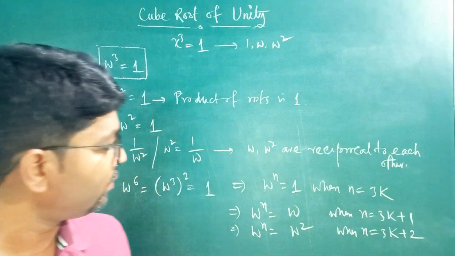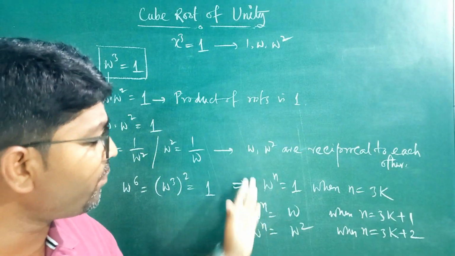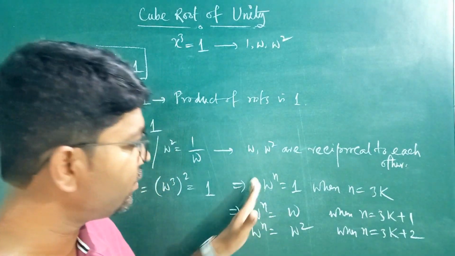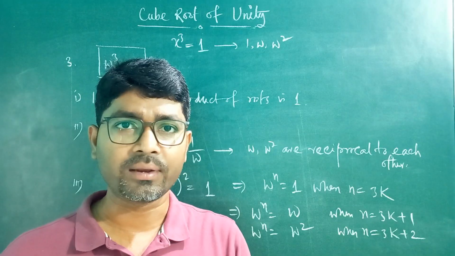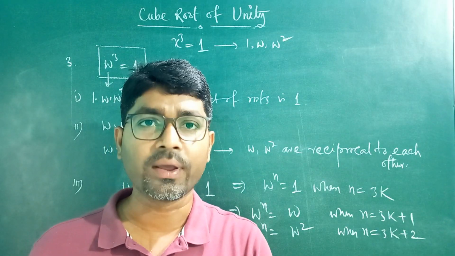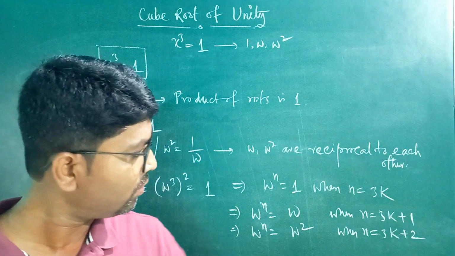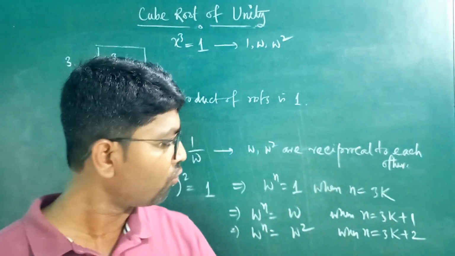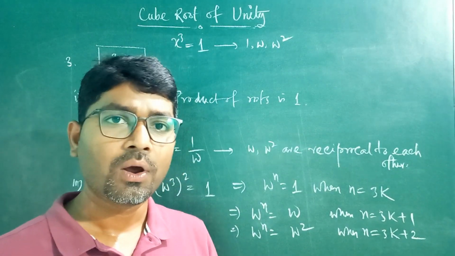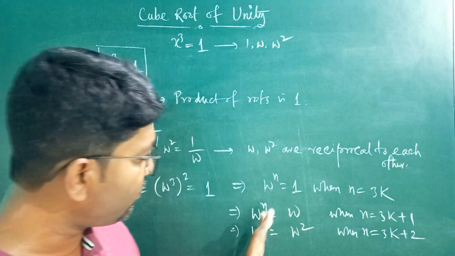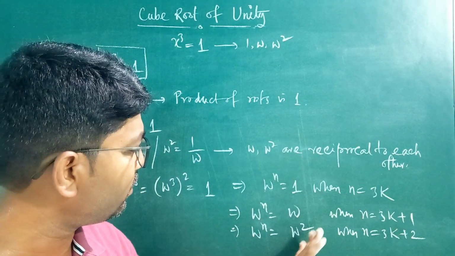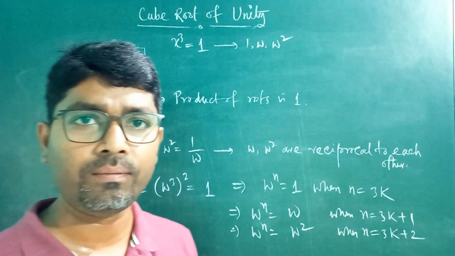That is, we can easily deduce any power of omega using this property of omega. If you divide a number by 3, what remainder will you get? The remainder will be either 0 in this case, or 1 in this case, 3k plus 1, or 2. So whatever the value of n, you can easily deduce omega to the power n as 1, omega or omega square.